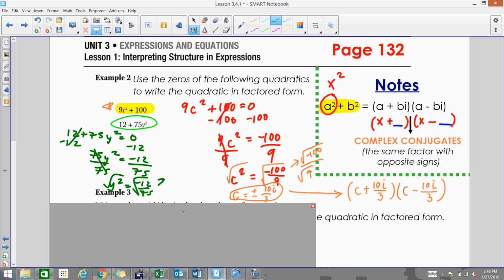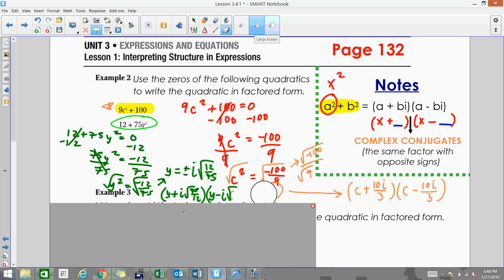My answer is going to be y equals plus or minus. Now, here's the thing. I can't simplify 12 or 75, but I can simplify the negative, so it's going to be i root 12 over 75. So you ready to see how this looks when we write it as two binomials? We write it as y plus i root 12 over 75 and y minus i root 12 over 75.